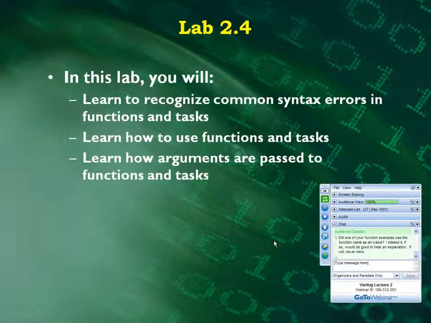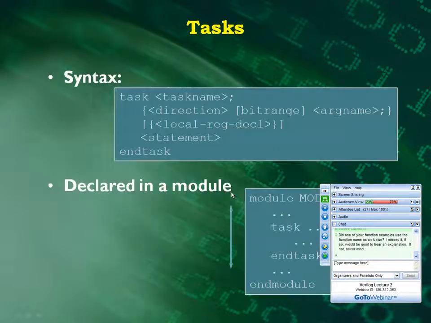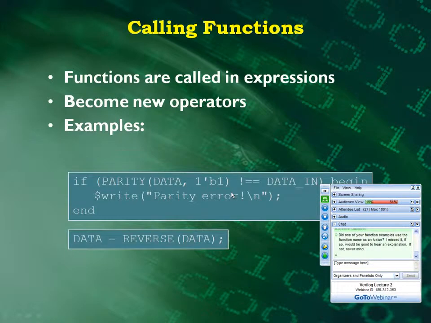Somebody asked, did one of your function examples use the function name as a value? Yes, it did. They are used for values. And I think I explained that. Back to functions here.